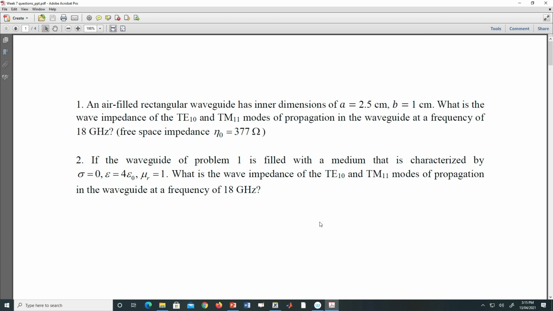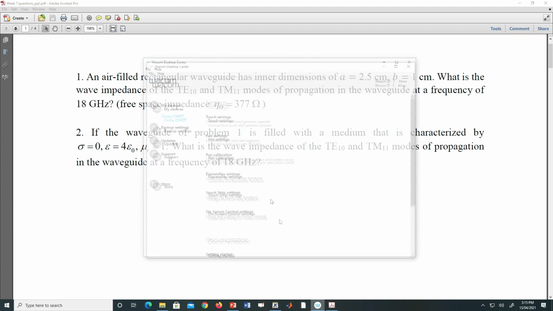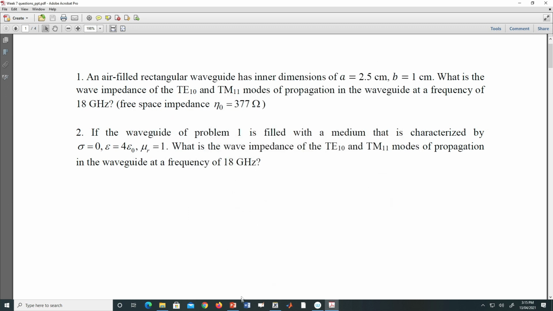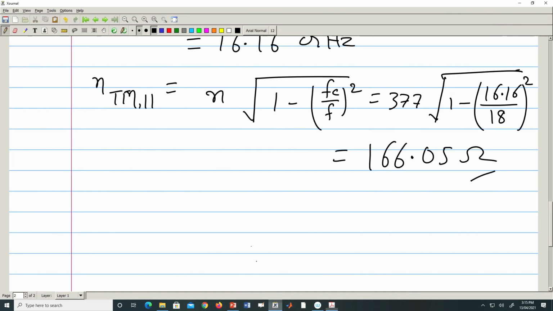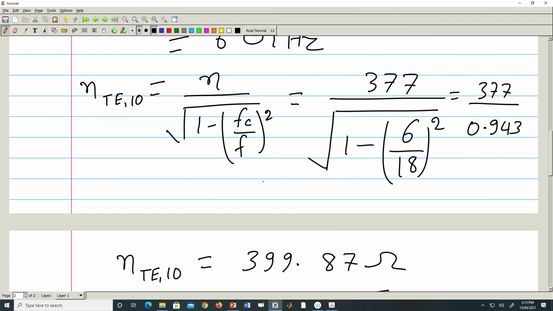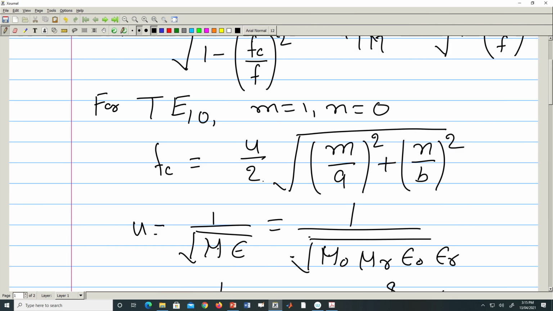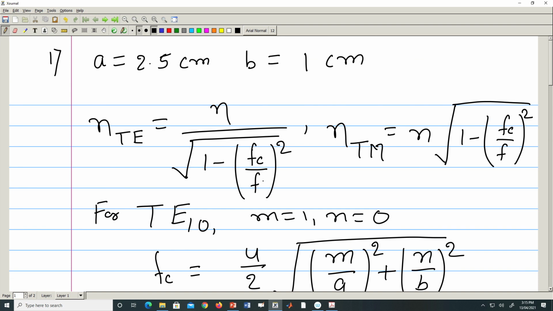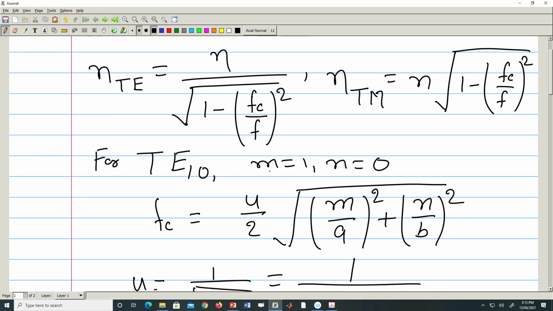So, in the second problem we have to go in a similar way, but here we have to be careful in the calculation of eta TE. The eta formula will be the same, but Fc will be changed. The cutoff frequency is dependent on the relative permittivity. So, here it is u by 2a square root of (m by a) plus (n by b) whole square. So, Fc will be changed. First we can do it for the TE10 mode.